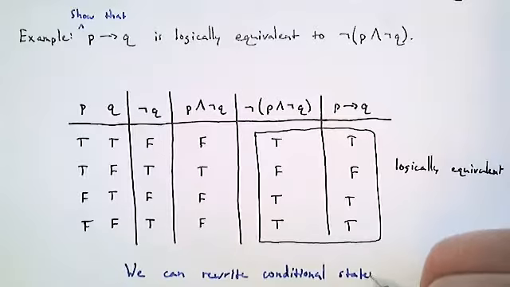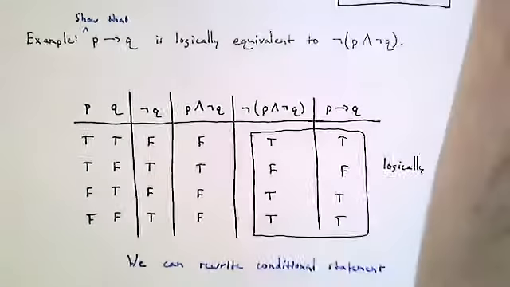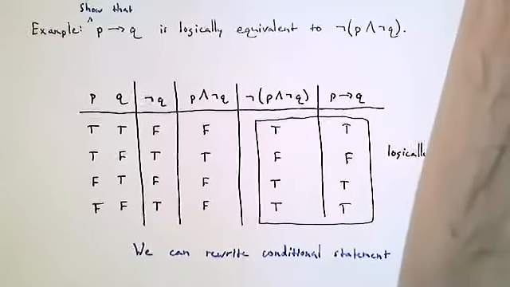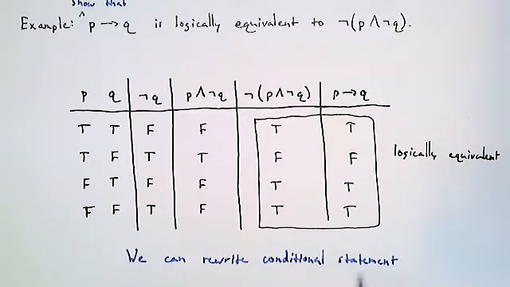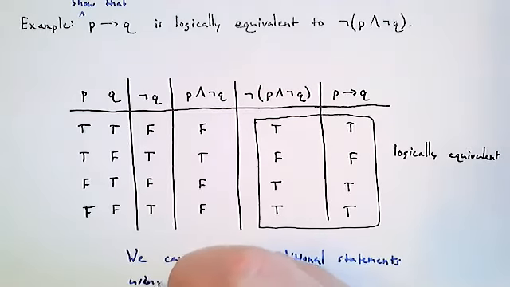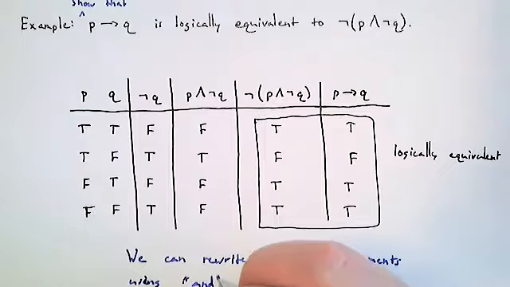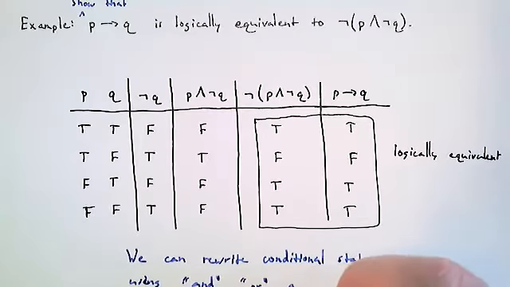So even though the if-then proposition seems like a more complicated kind of thing than ands and nots and ors, we can actually build it up out of them. So we can rewrite any conditional statement using just and, or, and not.